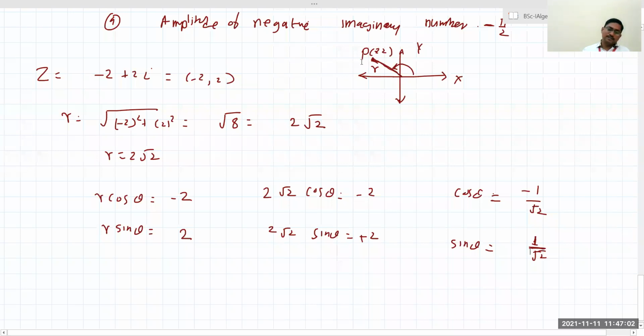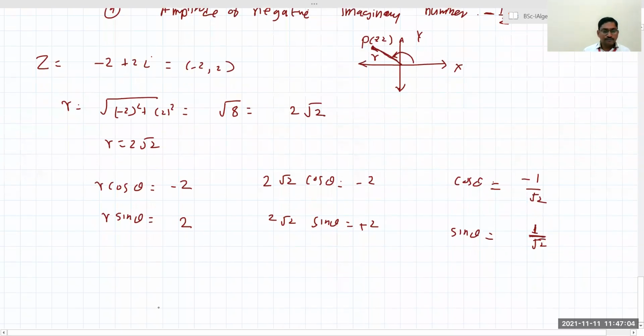Try to find the angle. What is tan theta? Y upon x. That is minus 1. Tan inverse of minus 1 is 45, but because of this minus, you have to write minus 45.